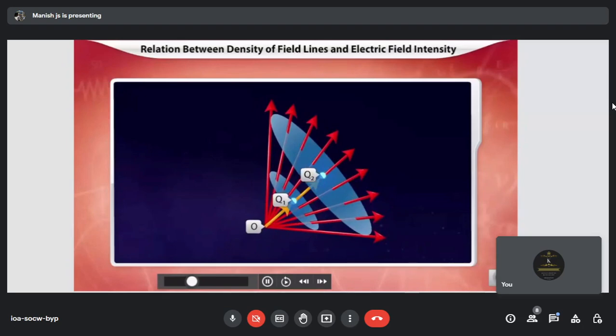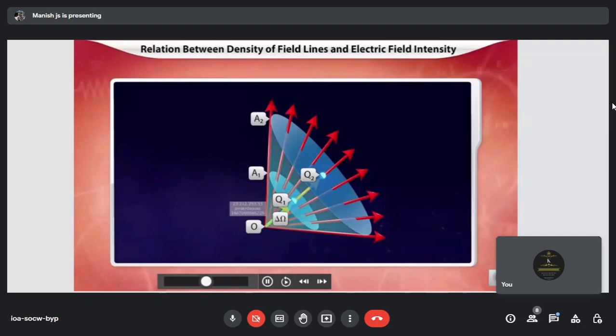Let's represent this area element by A1. A1 subtends a solid angle delta omega at point O. Similarly, we take another area element A2 at point Q2, subtending the same solid angle delta omega at point O.